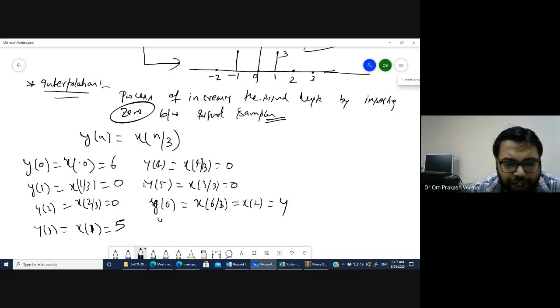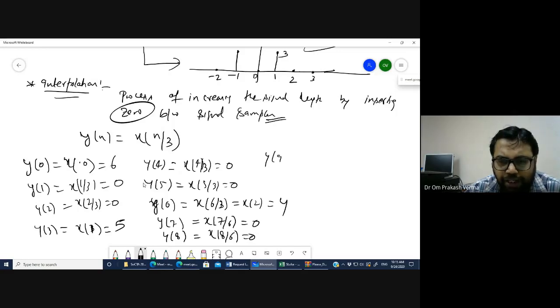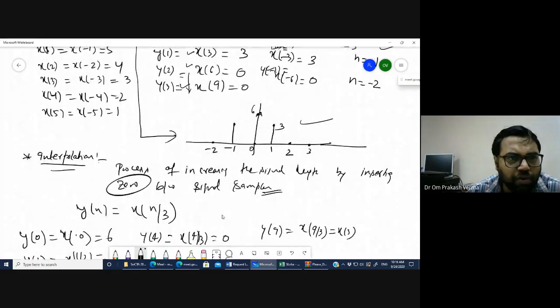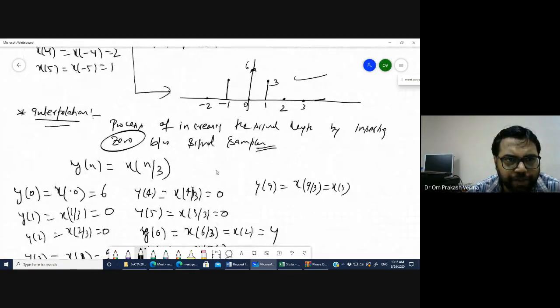Clear? y7, x of 7 by 3, 0. y8, x of 8 by 3, 0. y9, x of 9 by 3, this is 3, my mistake, 9 by 3 is 3, x3, and the value of x3 is 3.